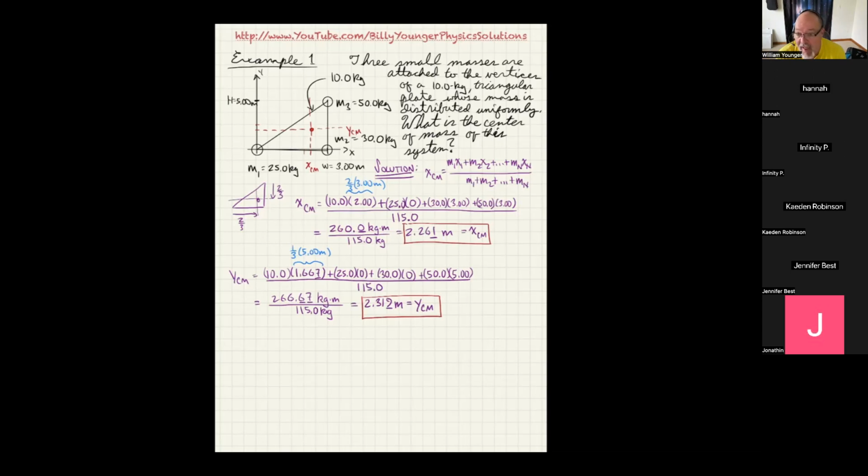So the center of mass is what would actually carry out that parabolic path.